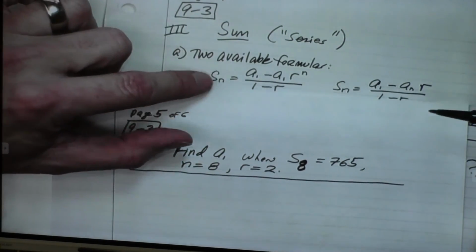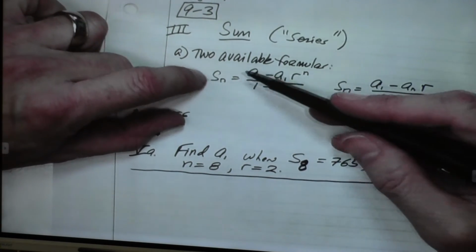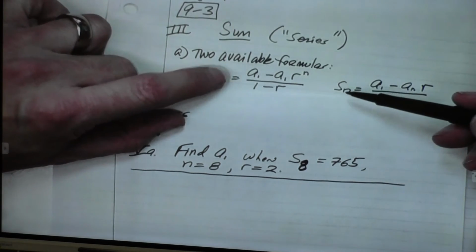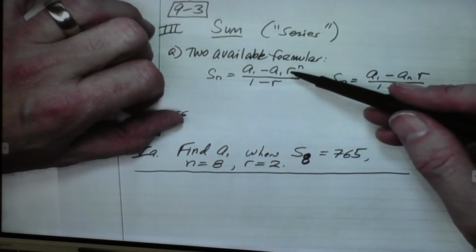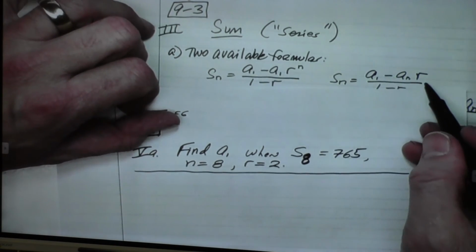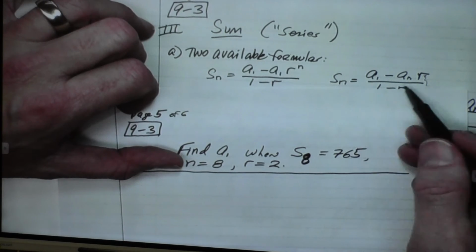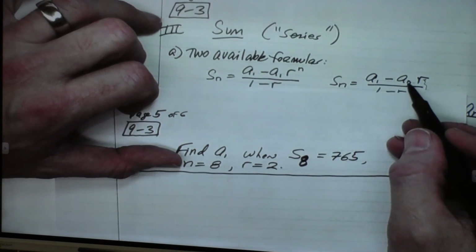So here in this one, we need to know the sum, so this would be like 765. Here we need to know the first term, the r, and the n. So we need the r and the n, we have it. Over here, we need the r. We don't need the n. What we need, though, is the amount at that term.